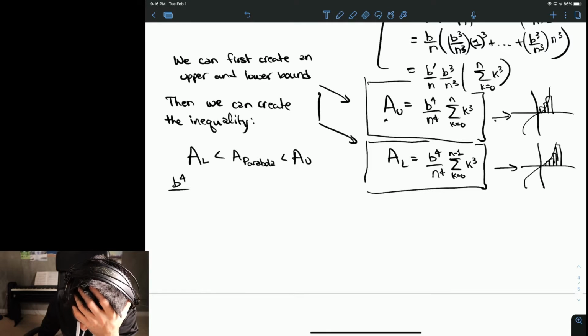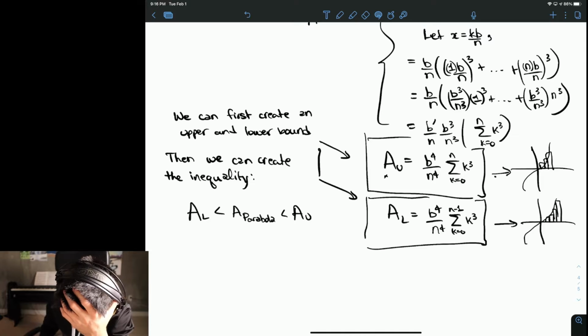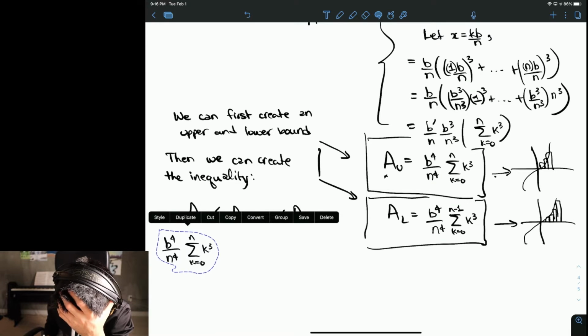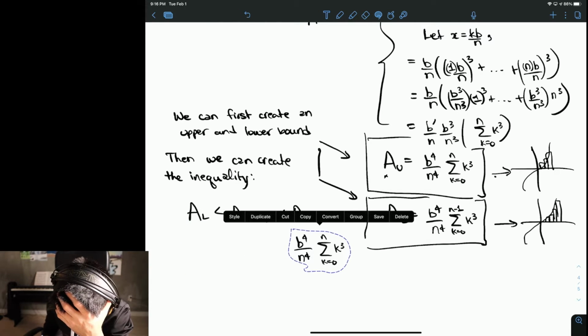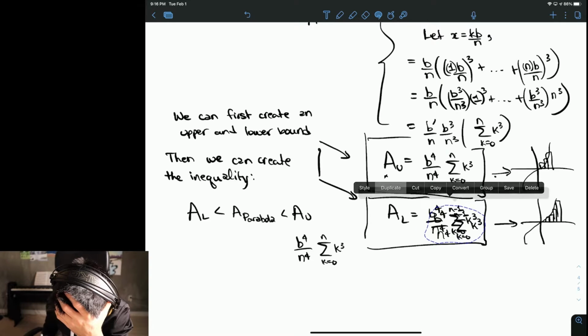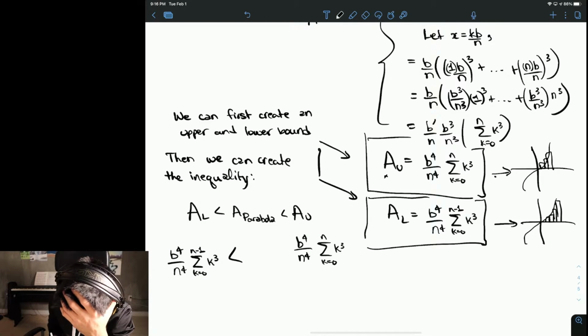Maybe I'll just copy it, yeah. And this is less, and this is the area.